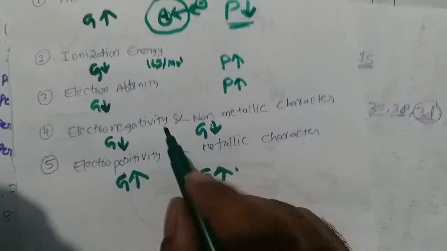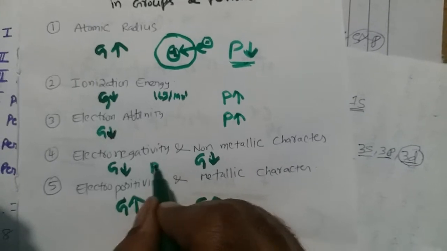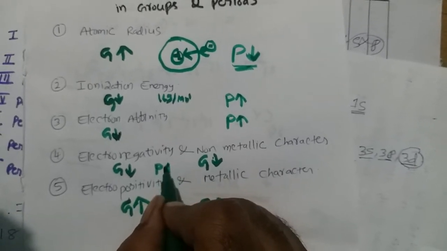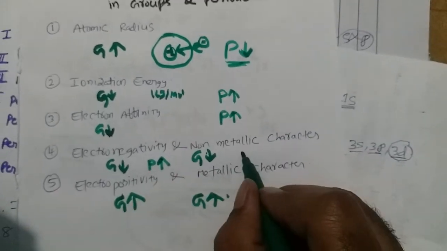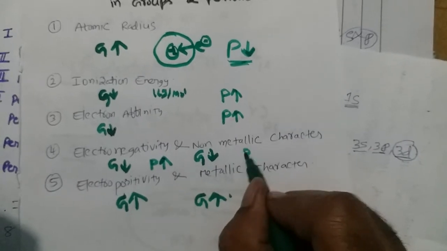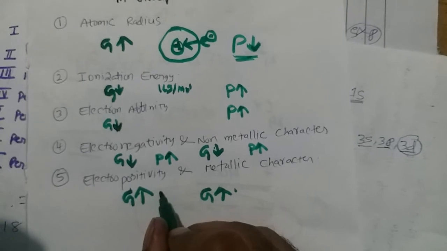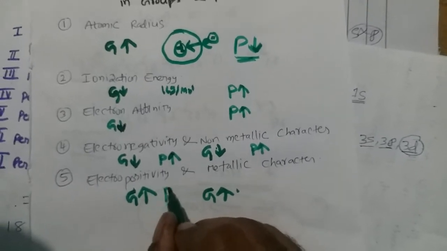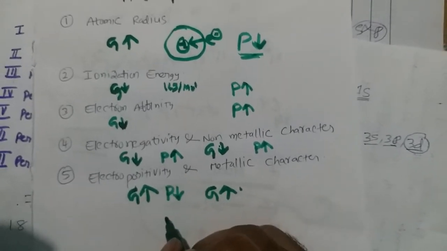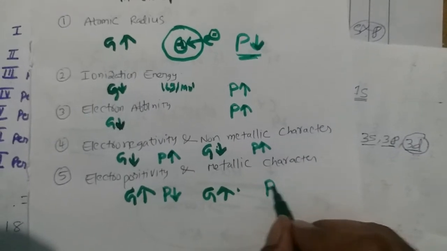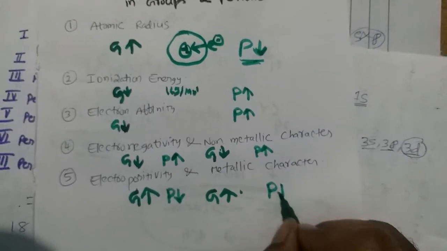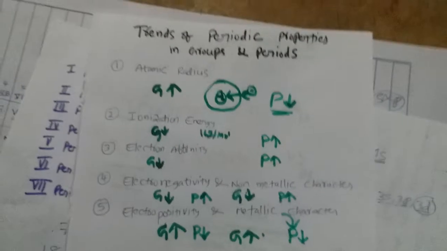So electronegativity in periods will be increased. Electronegativity increased means non-metallic character also increased. The losing ability will be decreased. So in periods, electropositivity will be decreased. Metallic character will be decreased.